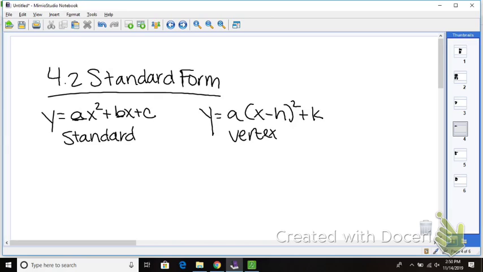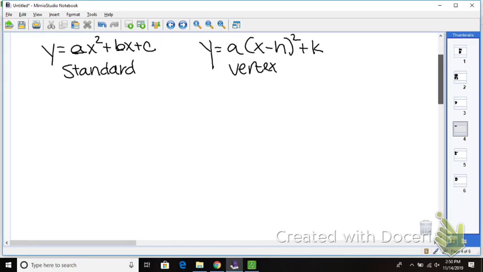So when we go to graph this, the first thing we need to find is our vertex. To find the vertex, the x value is going to be negative b over 2a, and then the y value we're going to find. But you need to remember this negative b over 2a.